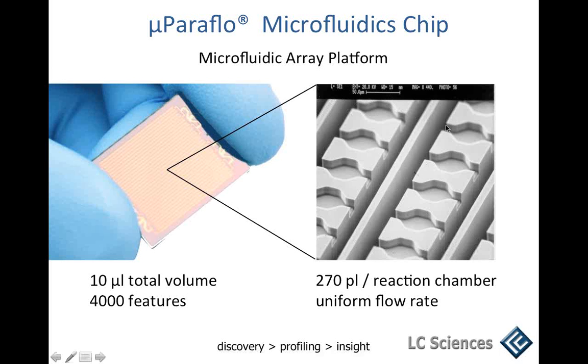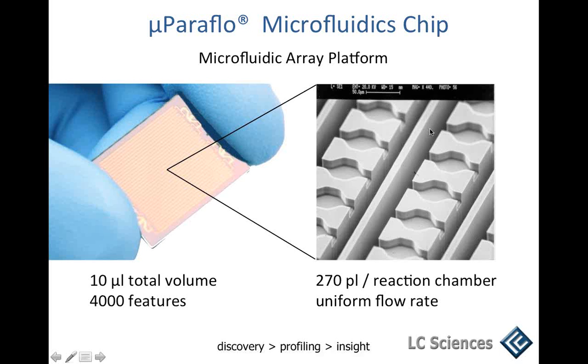It's a silica-based chip where the channels and reaction chambers are etched in, and the whole chip is covered with glass, except for one inlet and one outlet. It's pretty much a closed system. Here on the right, you see the electron microscopic picture of the liquid channels and the reaction chambers.